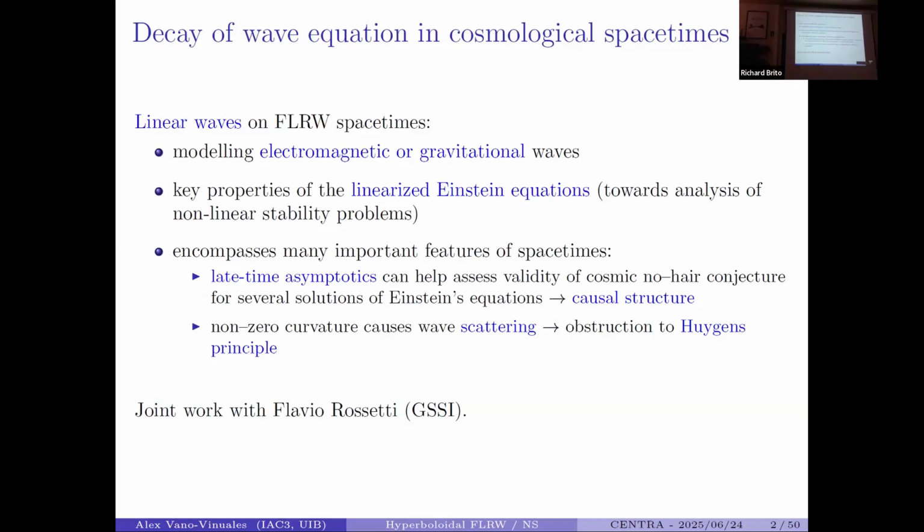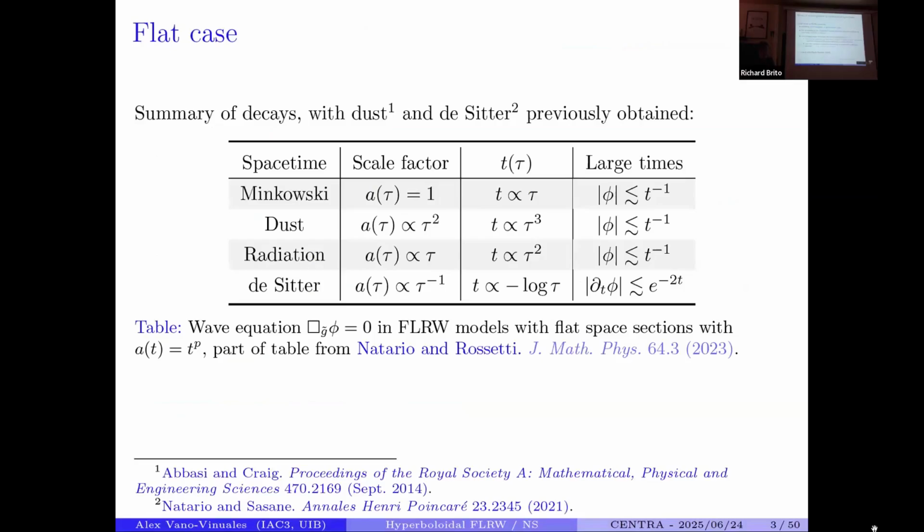As I mentioned, this is joint work with Flavio. This is a prior work of Jose Natario and Flavio that appeared, and I think this is a motivation for the work. In this case, we're considering the FLRW spacetime with flat spatial sections, and here you have the scale factor in terms of what is called the conformal time, and the relation between the physical time t and the conformal time.